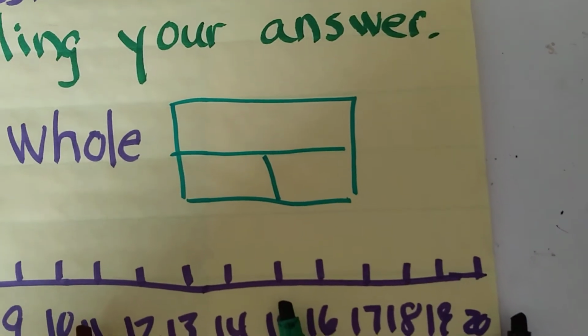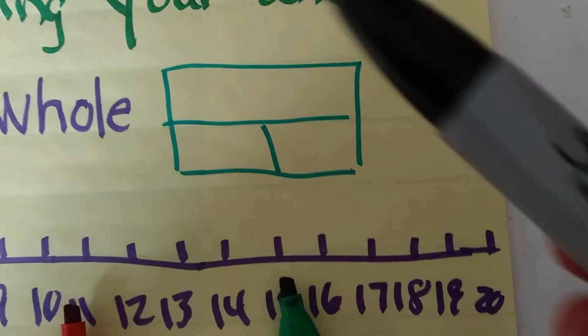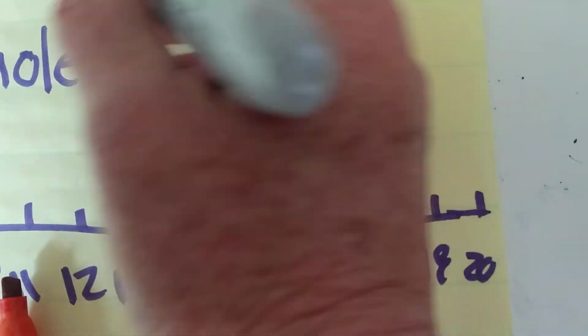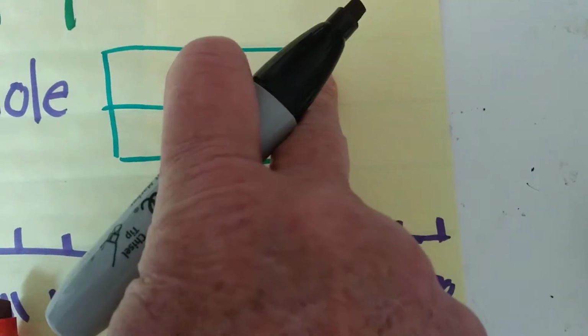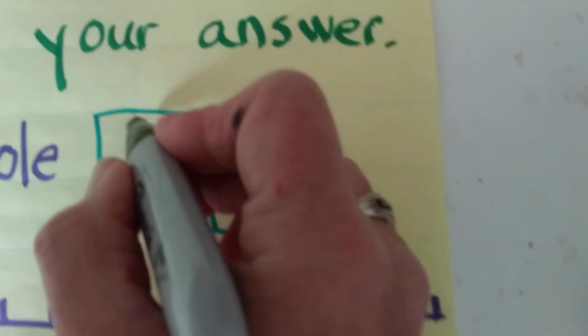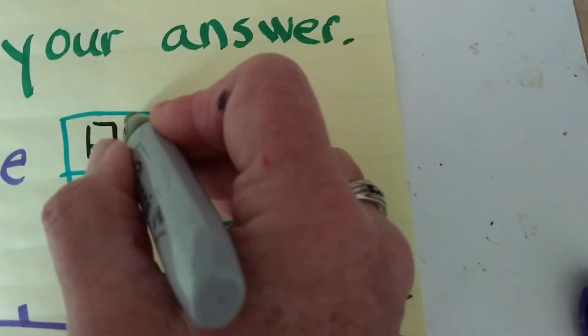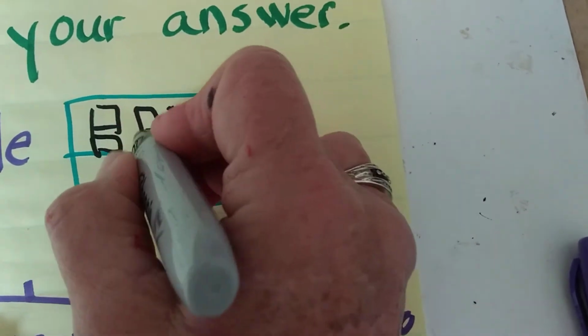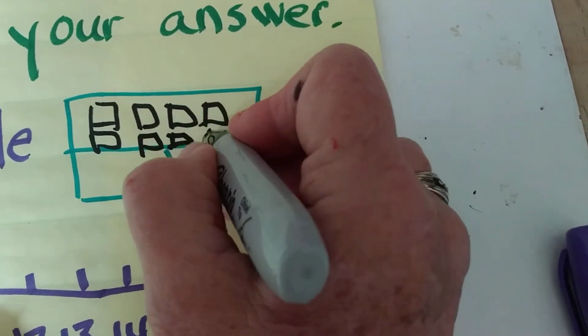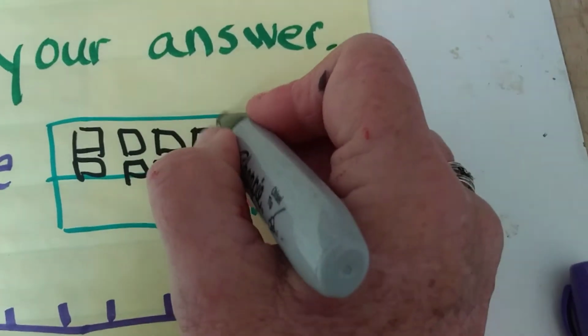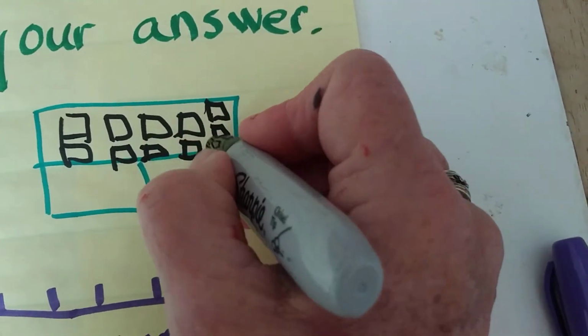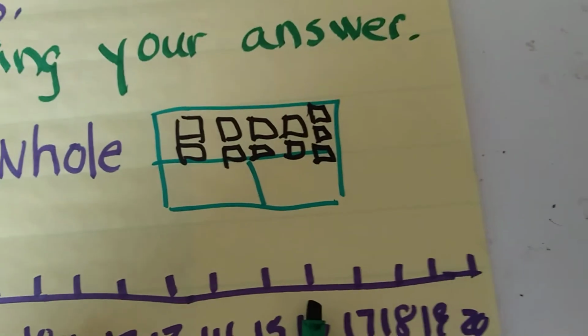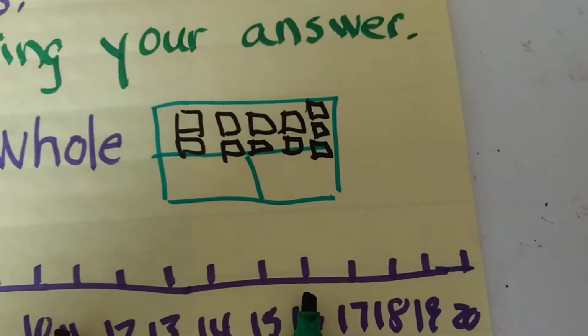So let's just go ahead and draw 11 blocks in the top part because we know the biggest part tells us how many we have all together. Let's draw 11. 1, 2, 3, 4, 5, 6, 7, 8. I didn't make my box big enough. 9, 10, 11. So there's all the 11 that she had.